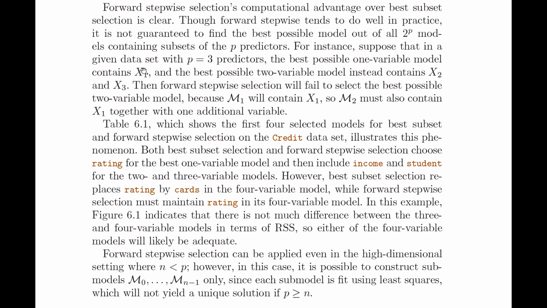It may very well be the case that while in the context of a single predictor variable, x1 is the best, if it's a 2-variable model, x2 and x3 actually give you the lowest RSS. Then forward stepwise selection will fail to select the best possible 2-variable model, because M1 will contain x1, so M2 must also contain x1 together with 1 additional variable. It's just the way forward stepwise selection works.